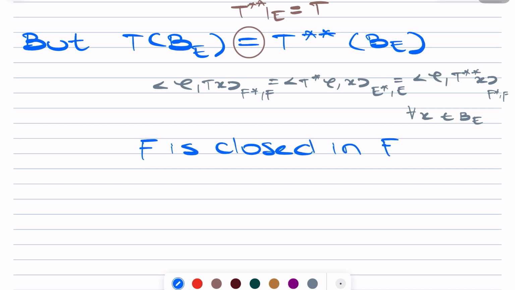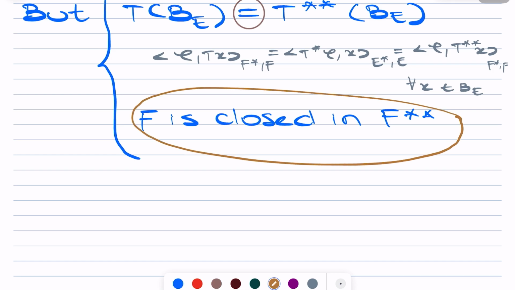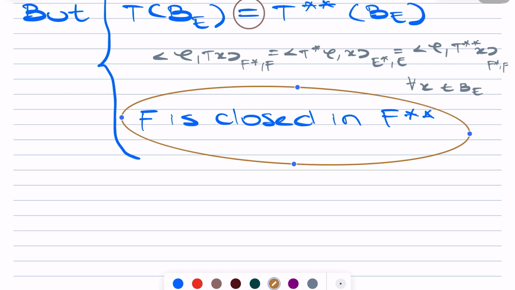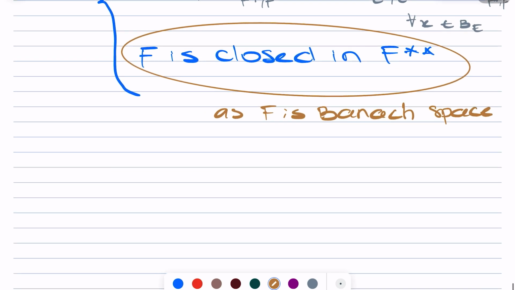and F is also closed in the bidual. This is because F is a Banach space, and also the canonical embedding iota of F from F into the bidual is an isometry.